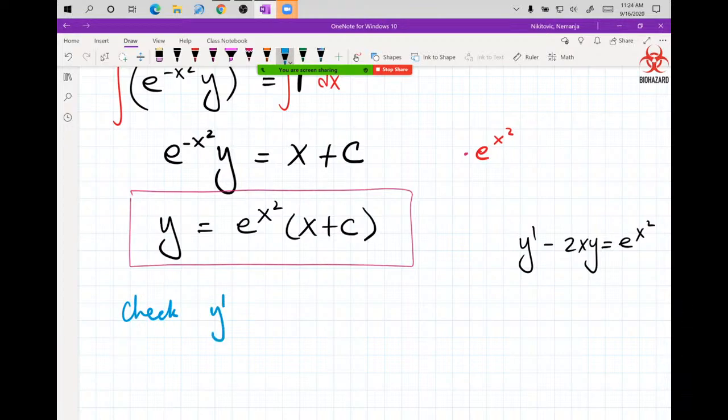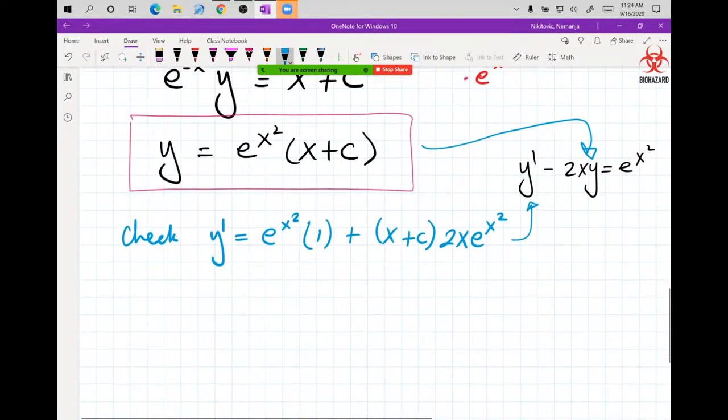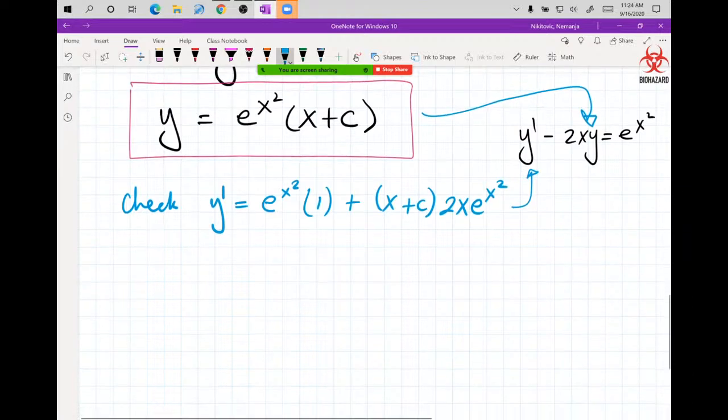I need y prime, which is a product rule. So copy the first, derivative of the second, plus copy the second, derivative of the first. So I need to plug this in there. I need to plug this in there and see what's up, right? If it's correct.